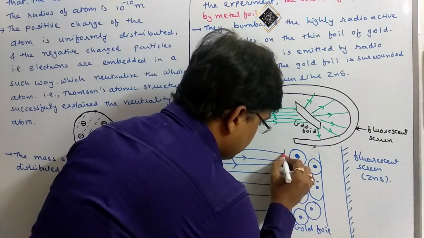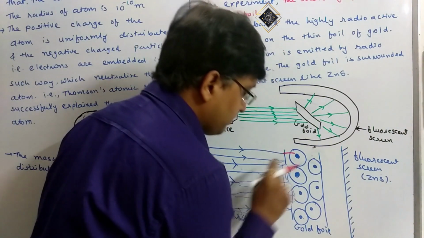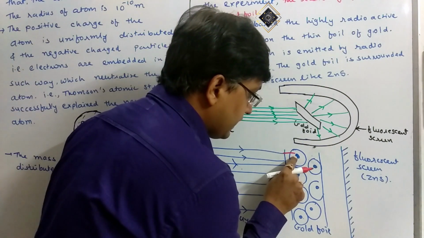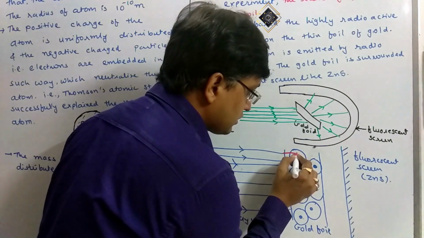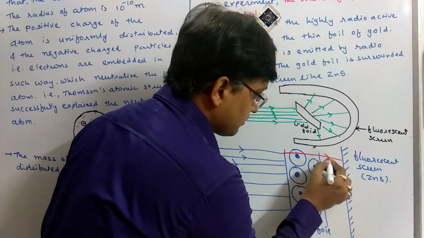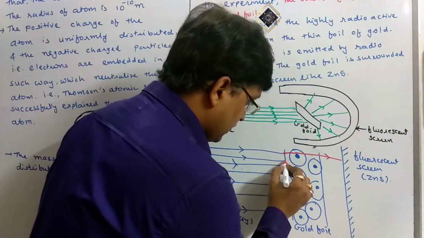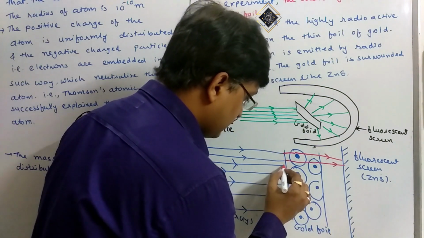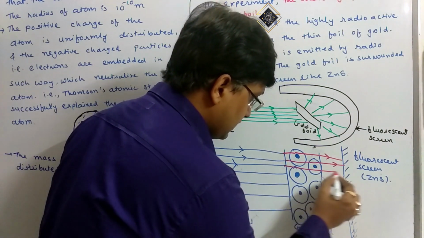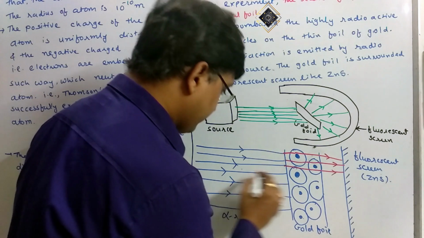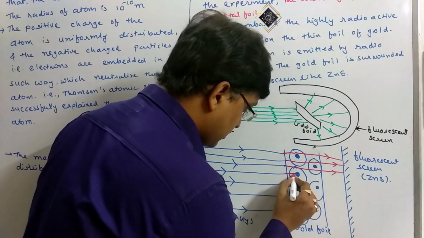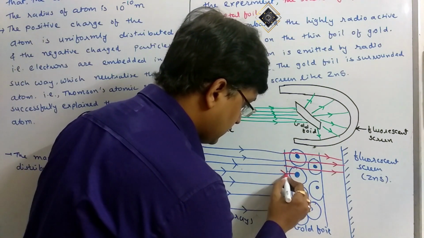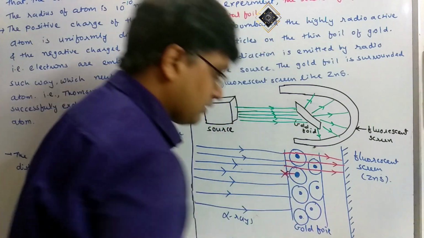This ray is passing, but due to the extreme repulsion force, it shows a slight deflection. This ray just passed. Here also, these rays pass through the gold foil. Here, this ray strikes the nucleus, as we know, right?